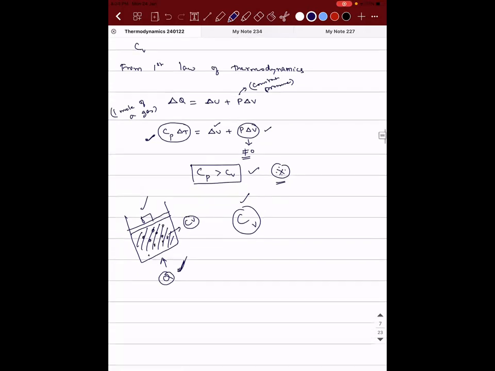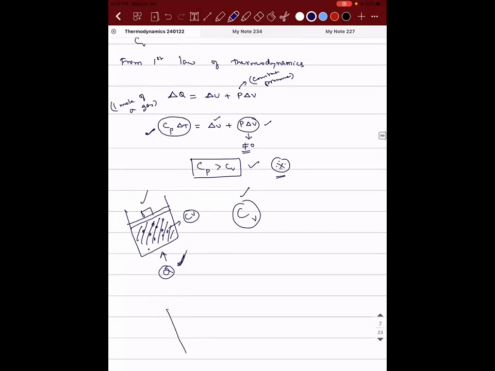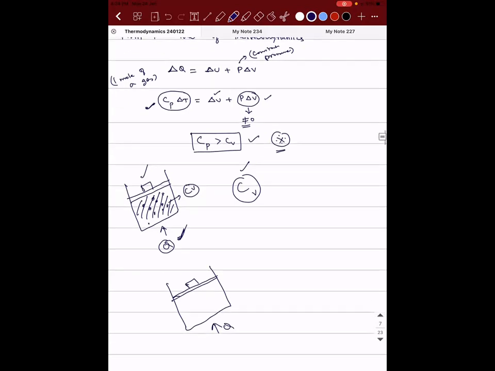Whereas for the same 1 mole of gas, if I give a provision in such a way that this piston can be moved under a constant pressure condition, and you are supplying the same amount of heat, that same amount of heat is doing what? It is increasing the internal energy.